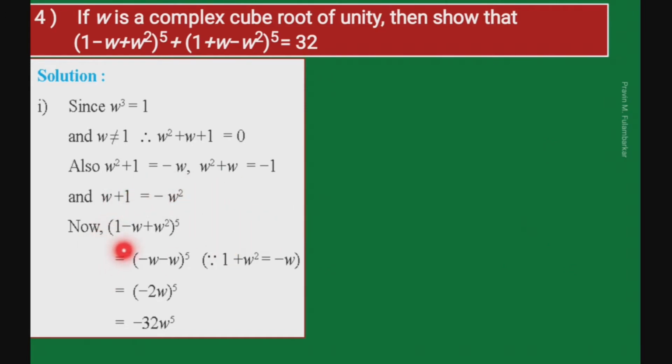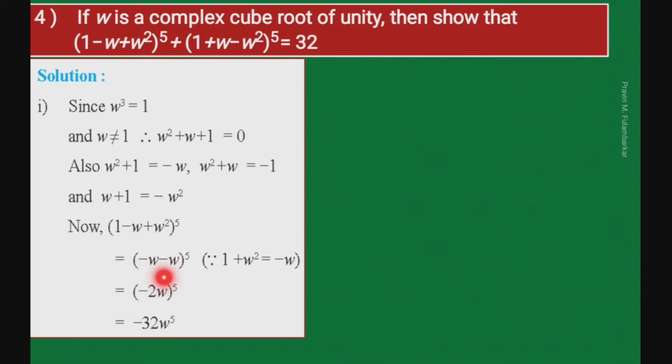So we write now (1 minus omega plus omega square) raised to the power 5. Here we replace this 1 plus omega square by minus omega, and this minus omega as it is.